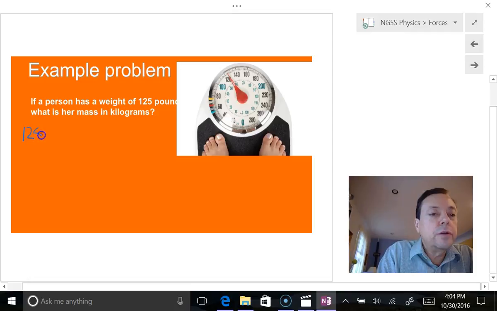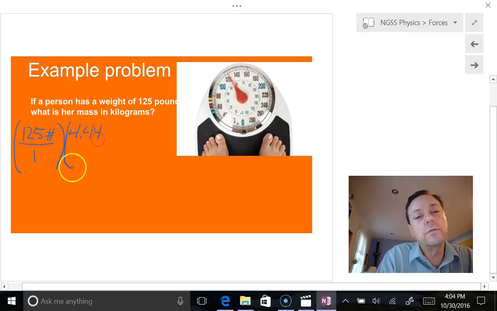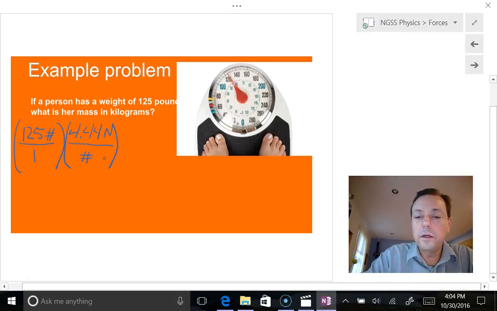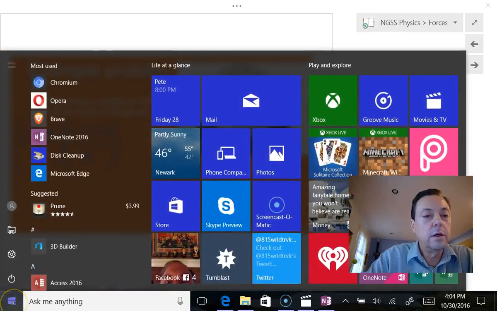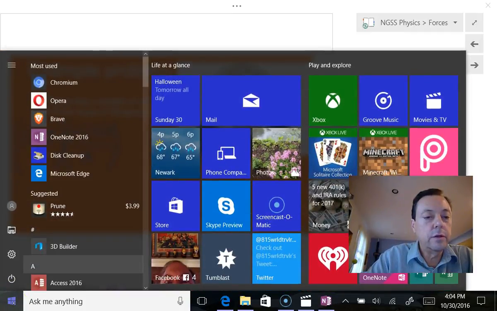So, 125 pounds. And there are 4.44 newtons per pound. And I need a calculator. Let's see.